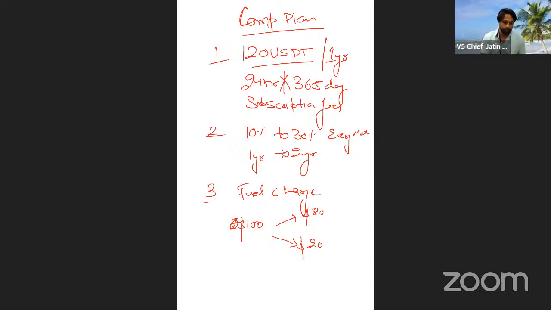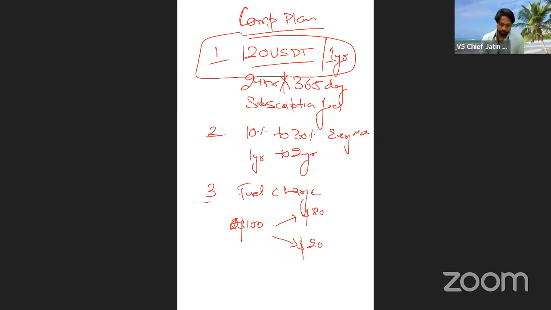It has already taken its subscription fee of $120, so this $20 is not for itself. It divides this $20 among the people because of whom Royal Q has reached you.